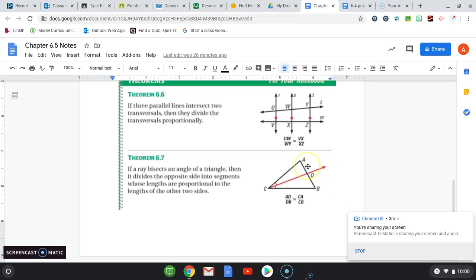So the ratio of AD over BD is equal to the ratio of AC over BC. And once again, you also could compare, and this is the way I like to do it, AD over AC is equal to BD over BC.